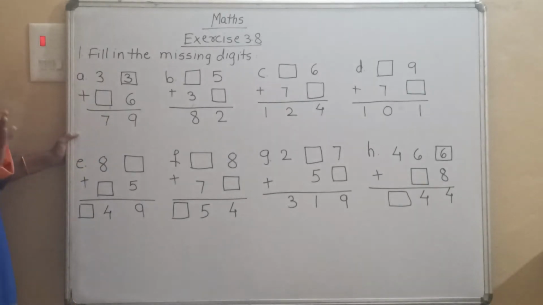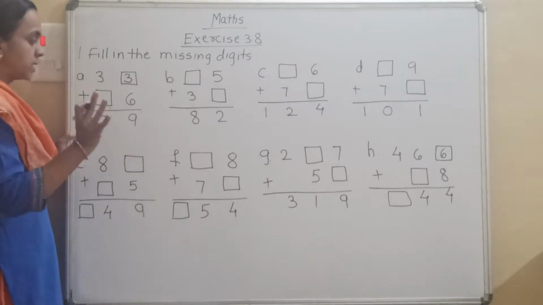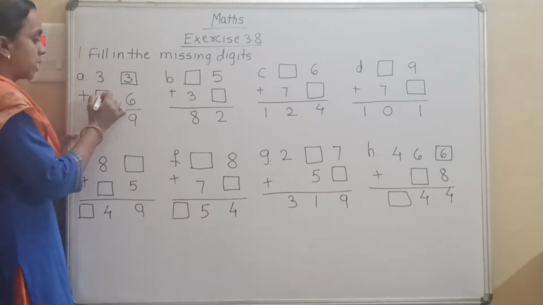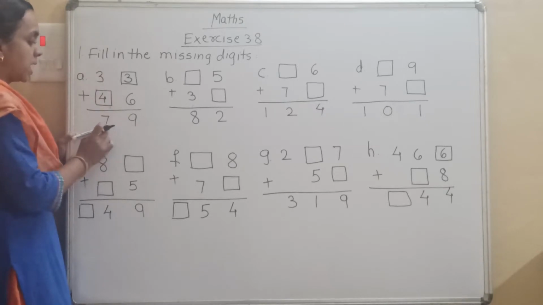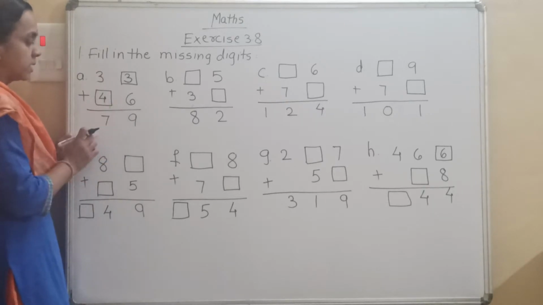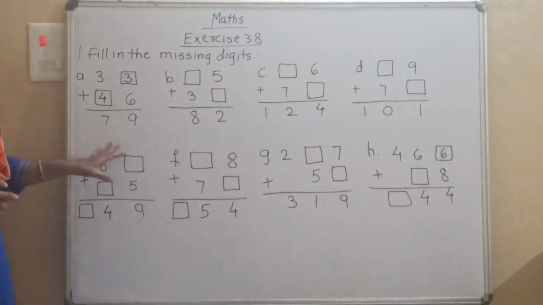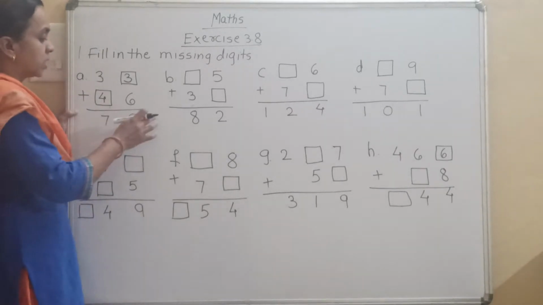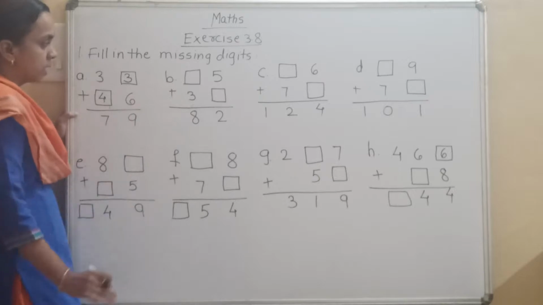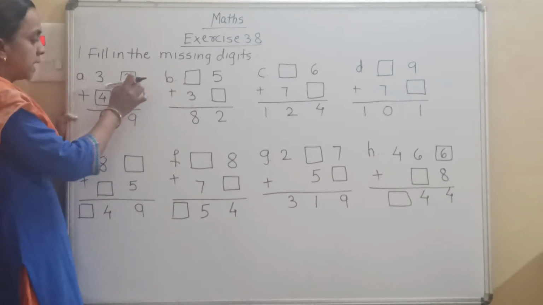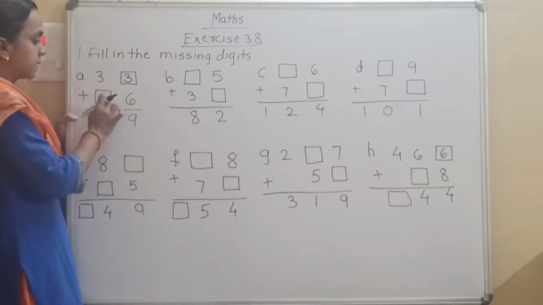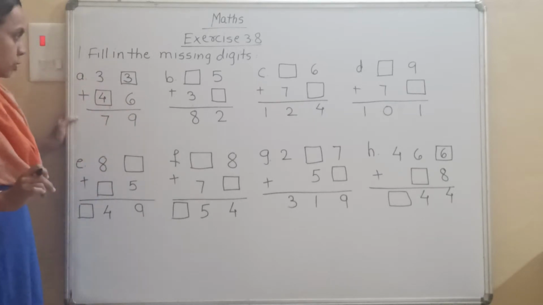So 3 plus 4, how much? 7. So we have to write down here answer 4. 4 plus 3, answer is 7. Okay, so each example is different from one another. So you write down these answers in that empty box in your textbook.